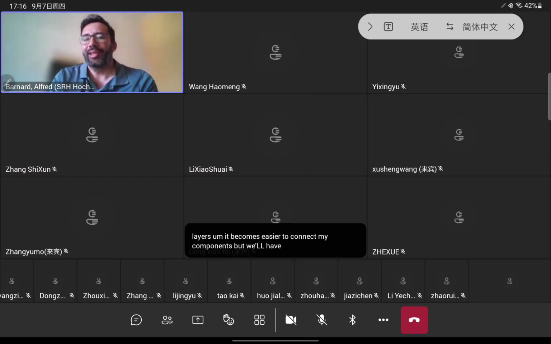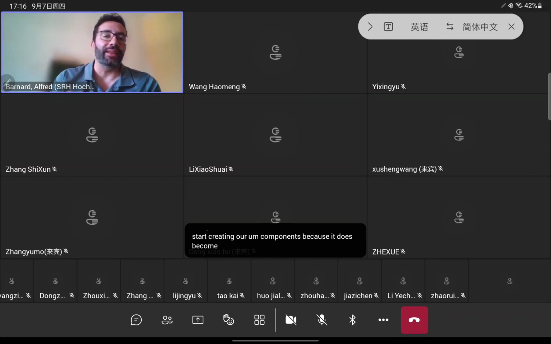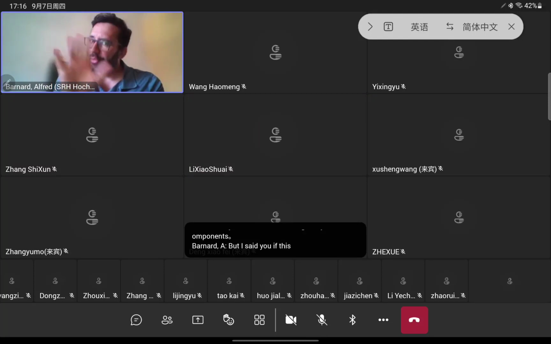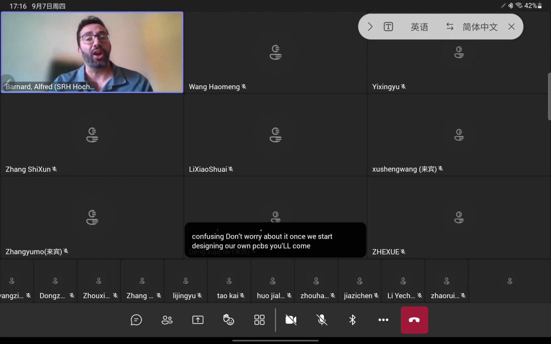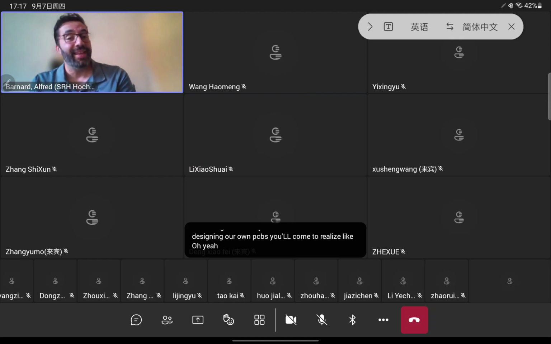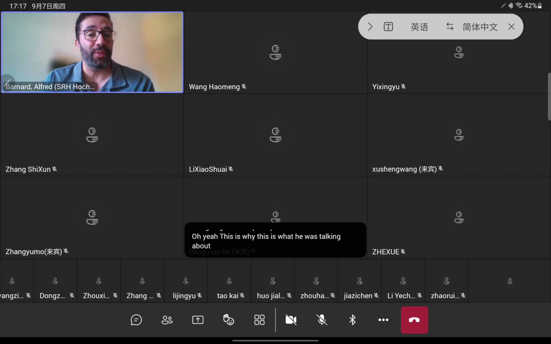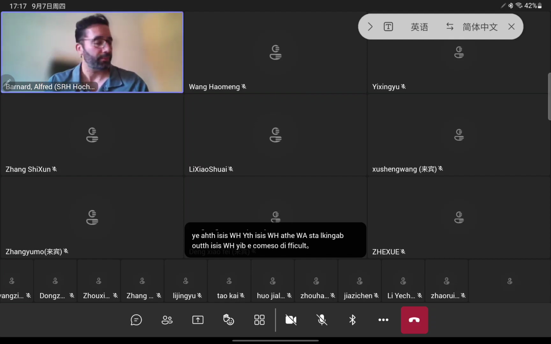But we'll have a look at this once we start creating our components, because it does become really difficult connecting your components. But like I said, if this is a little bit confusing, don't worry about it. Once we start designing our own PCBs, you'll come to realize, oh yeah, this is what he was talking about. This is why it becomes so difficult.